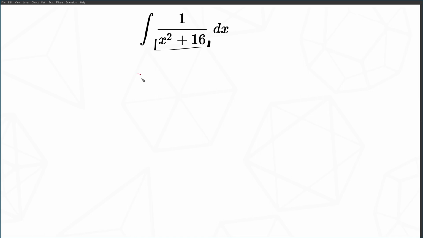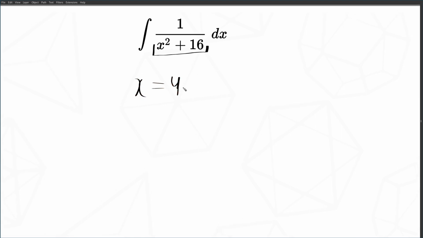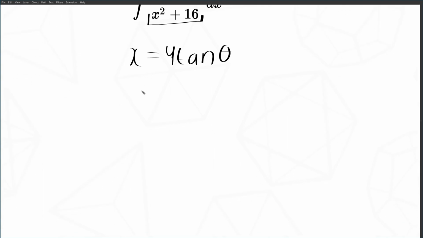Okay, so I'm going to begin by substituting x for 4 times tangent theta. And why 4? Because if we square this 4 here at the front, it's going to match the 16, which we can then factor.